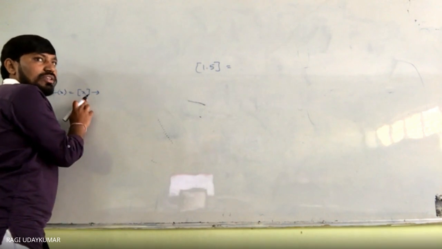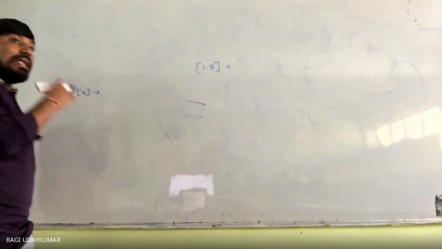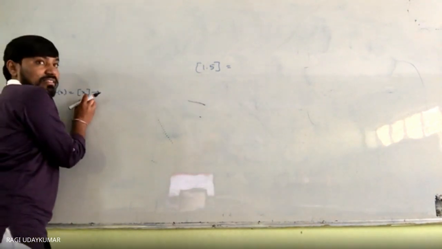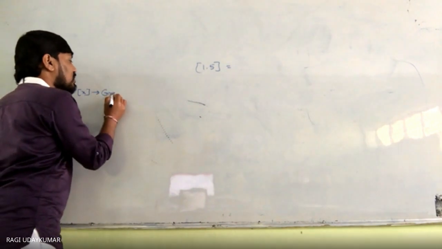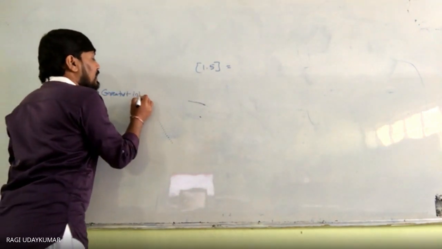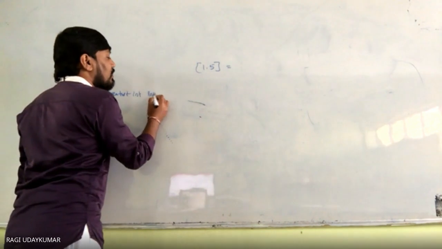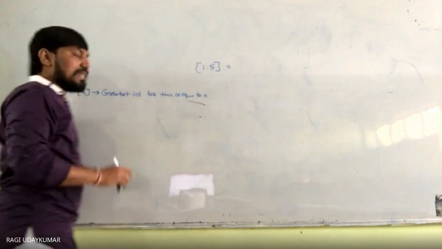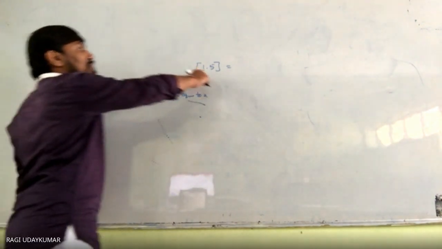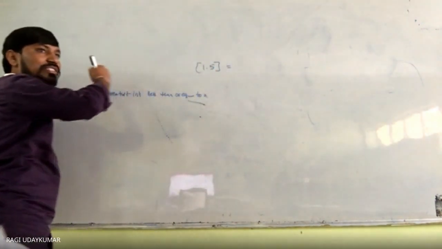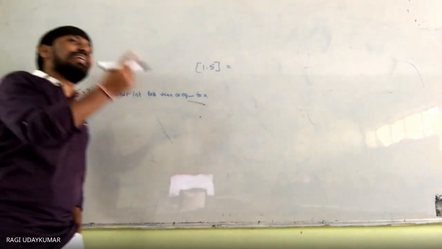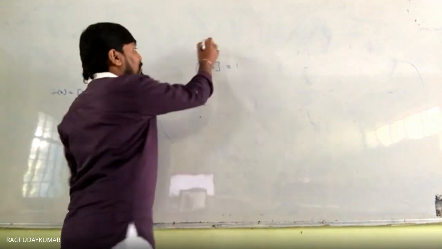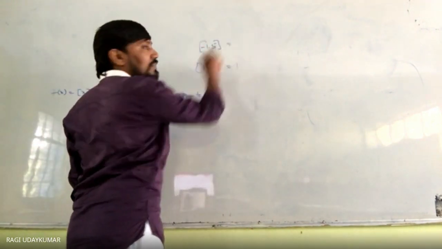The greatest integer which is less than or equal to x is written symbolically like this. So for 1.5, among all the integers less than it, which is the greatest one? 1 is the greatest one. So the answer is 1. Suppose I have given you minus 1.5.